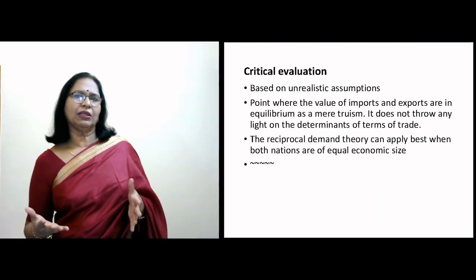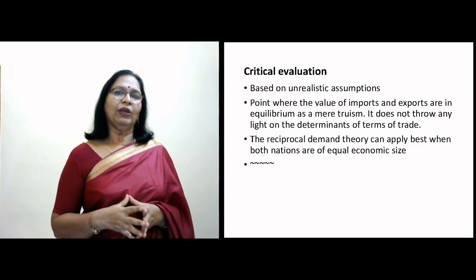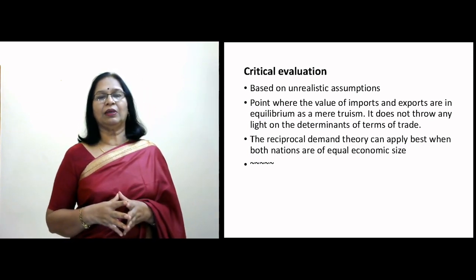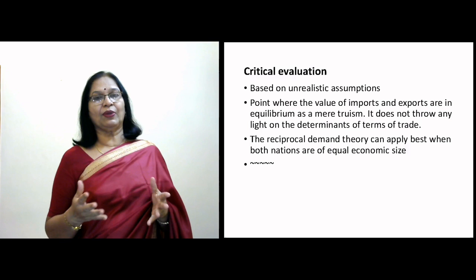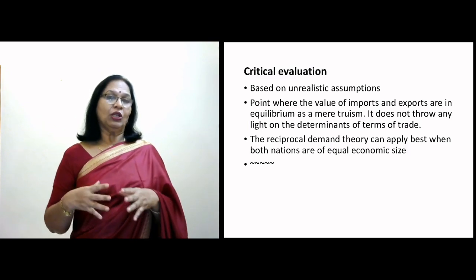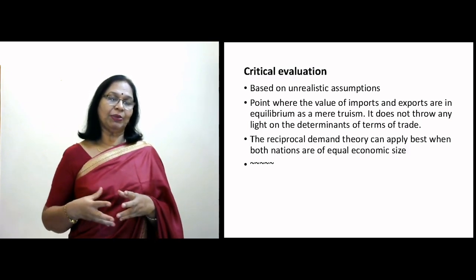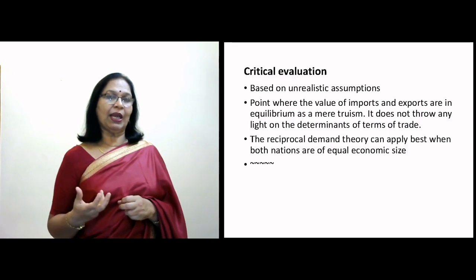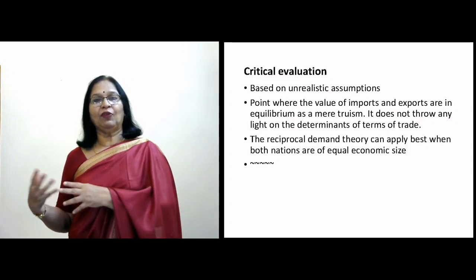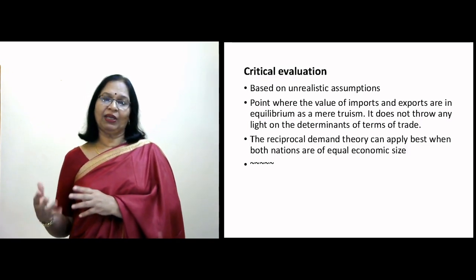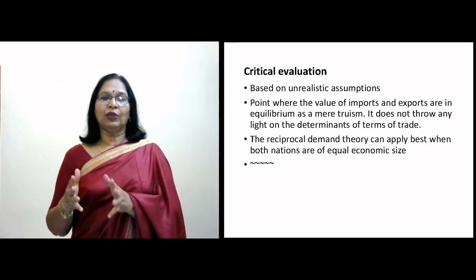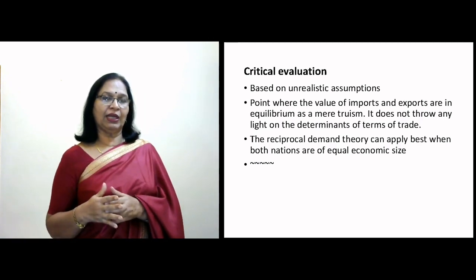Now let's look at this idea with a critical view. This critical view is necessary just as we have seen in the earlier diagrams too. When we critically examine it, we can find some gaps, and these gaps have been worked on by other economists and we get newer theories here. So let us look at the gap here.